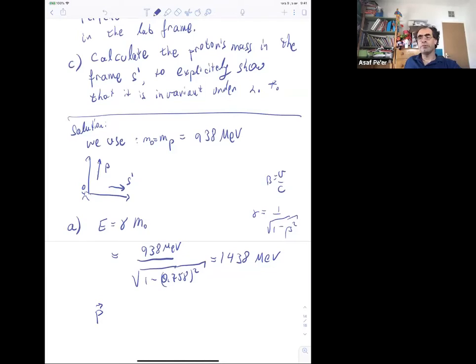What is the momentum of the proton? One at a time. What is the momentum in the x direction? Zero. What is the momentum in the y direction?